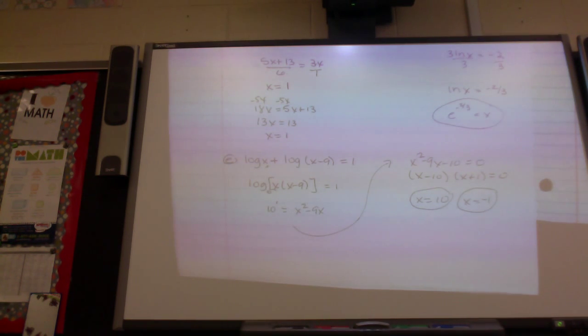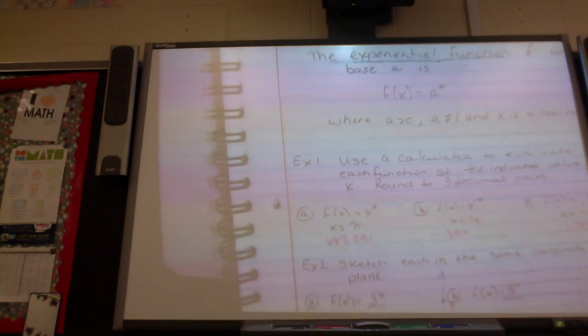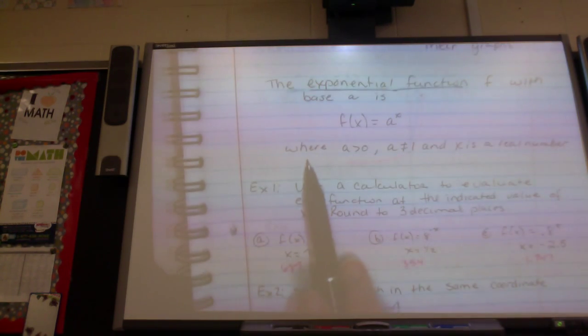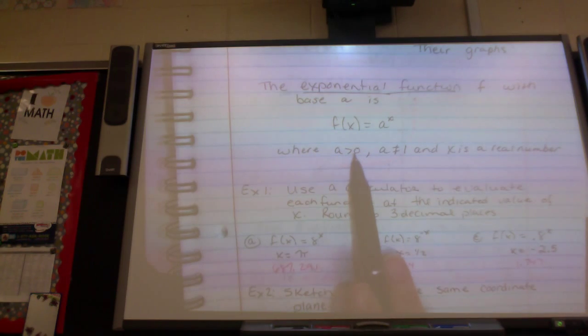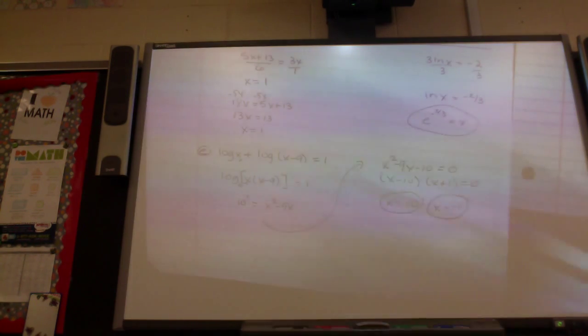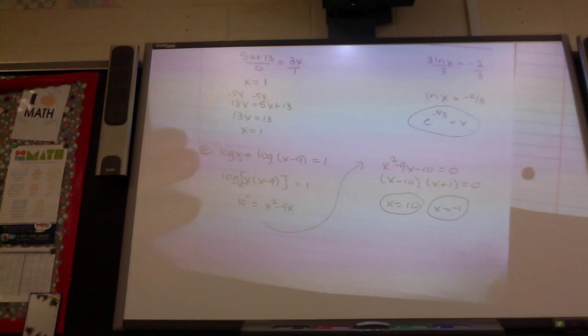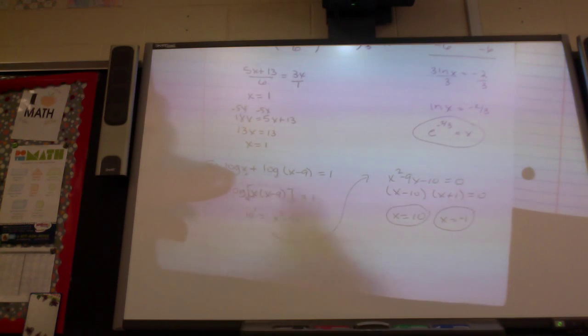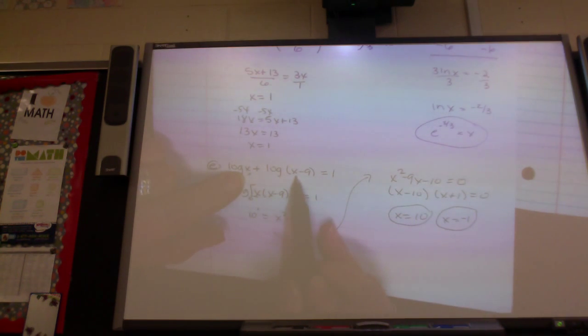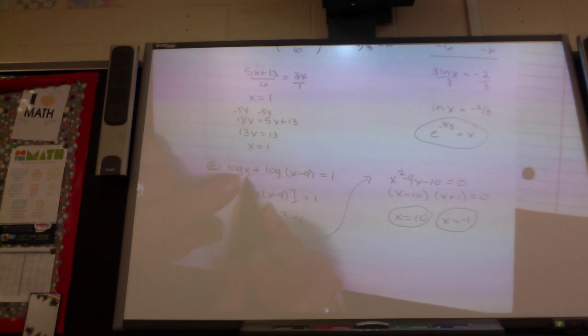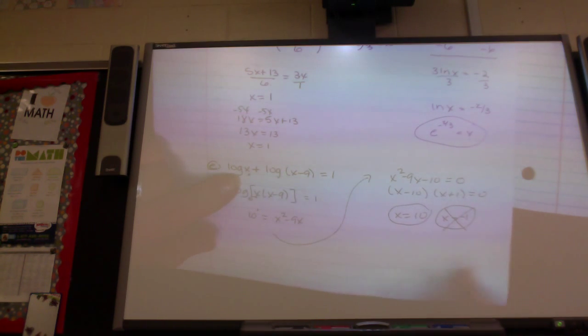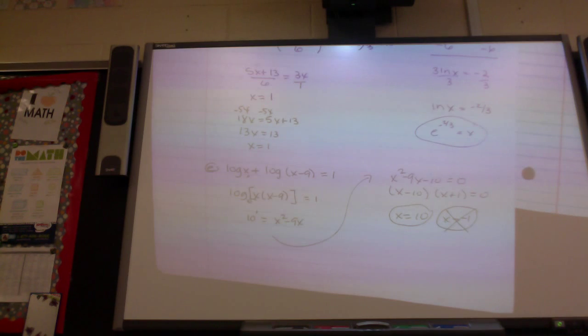Here's our very first lesson, Unit 3.1, where a is greater than 0. When I put 10 in, I'm going to get 10 and 1, so that's okay. When I put in negative 1, it's a negative x, so negative 1 does not work. The only one that works is 10. So not only do you need to solve, you need to look at your answers to make sure there are no negatives when you plug them back in.